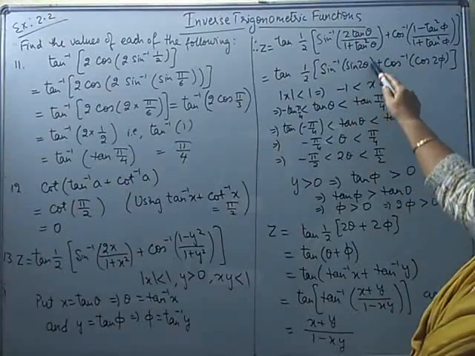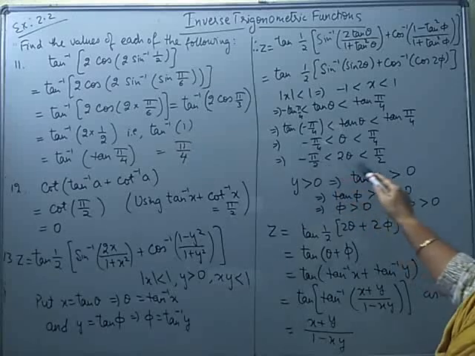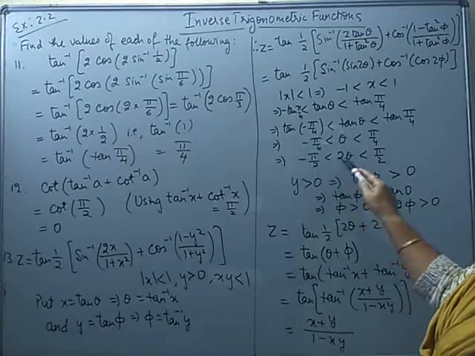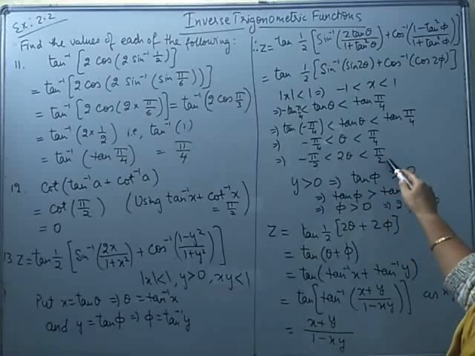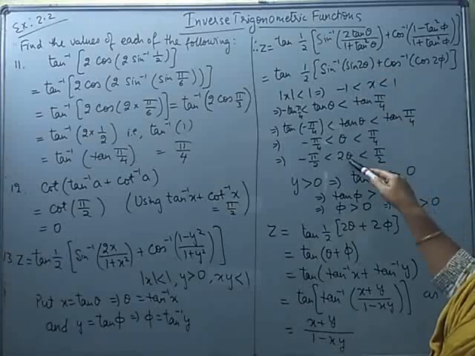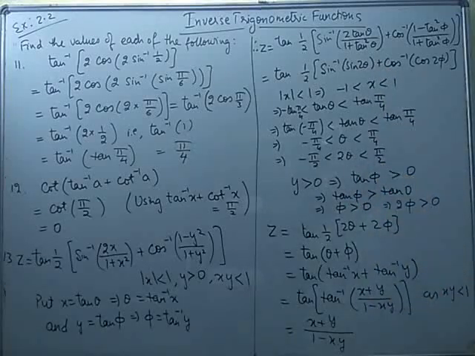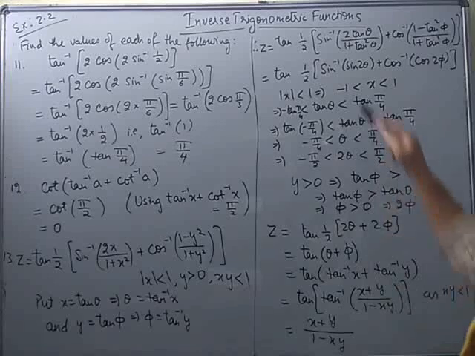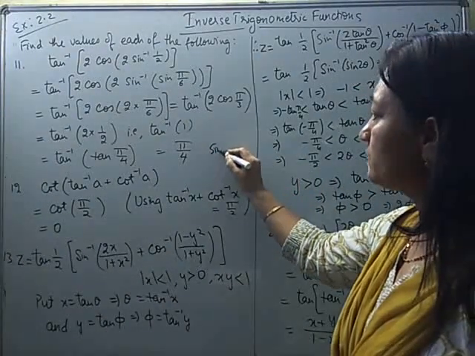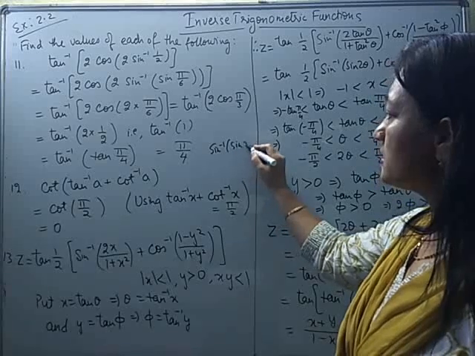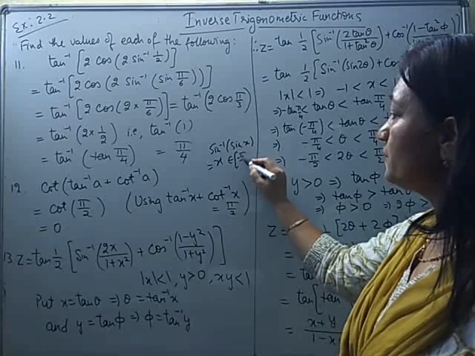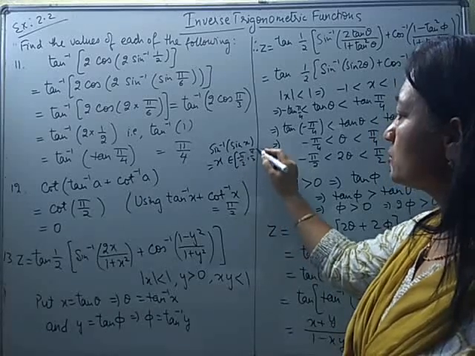And as our angle is twice of theta here, so we multiply each of them by 2. So this reduces to minus pi by 2. This is 2 theta and this is pi by 2. So what do we see? This angle twice of theta is in the open interval minus pi by 2 to pi by 2. And sine inverse sine x is x when x belongs to the closed interval minus pi by 2 to pi by 2.